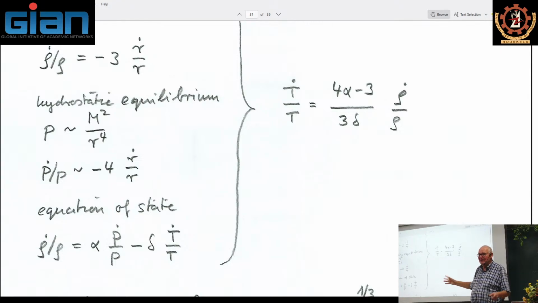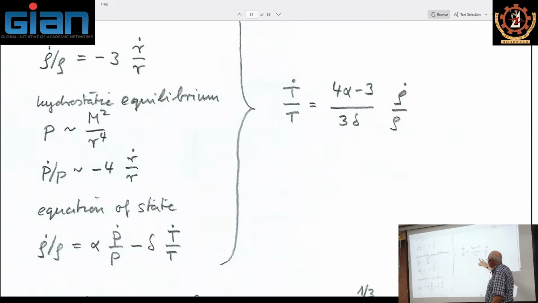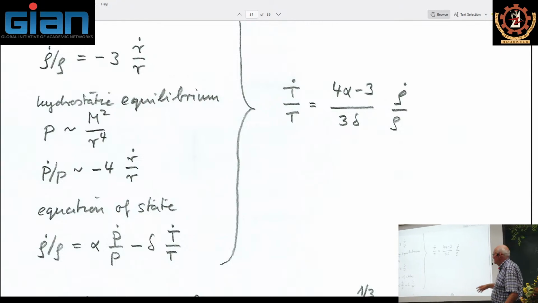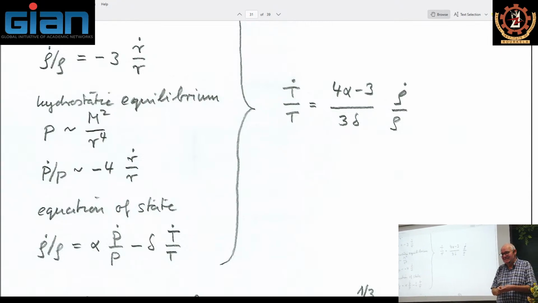And this means we have a maximum temperature once we have a transition from an ideal gas to a degenerate electron gas. Moreover, delta goes to 0, so this will be a very steep dependence. Once we go to delta close to 0, then the temperature will decrease, but it will decrease with a very steep slope because delta goes to 0.